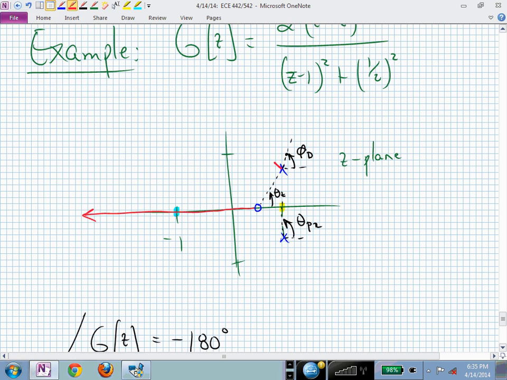Is that clear? And whatever I sketch upstairs in the positive complex half of the z-plane, I do its mirror image below. So if that one's going up at 135, this one is going down at minus 135, if you wanted to think of it that way. So this one now is doing this.